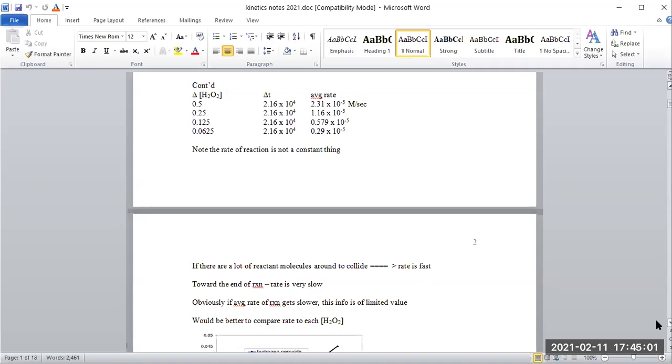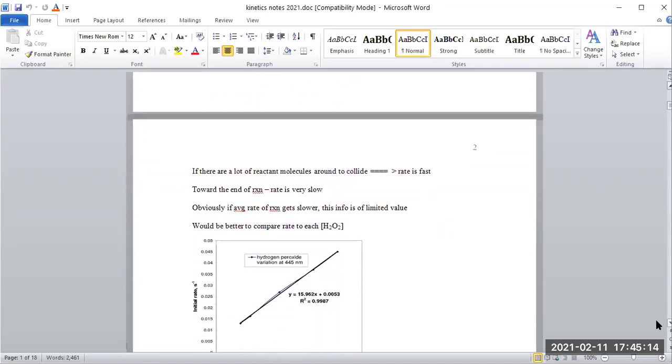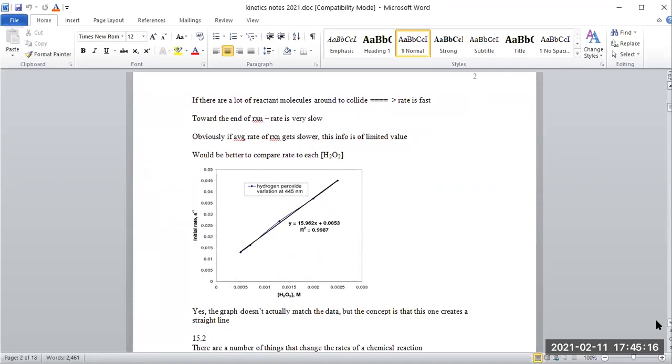Because of this change, your rate was fast in the beginning and slow at the end. Average rate, while somewhat useful, is probably not as useful as it could be.